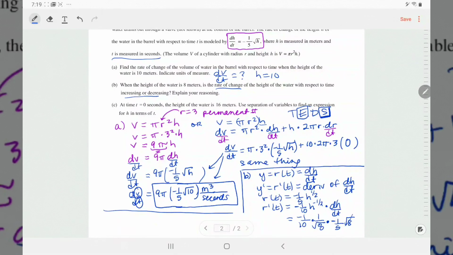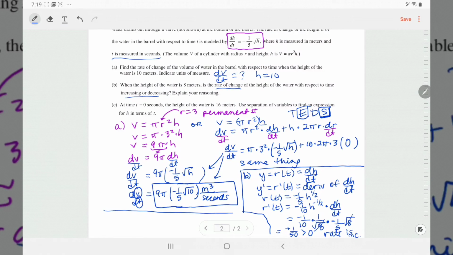Okay, so that's all. I thought I was going to do separation of variables. Oh, that's what part C says, so I've got to find a spot to do part C. It says do separation of variables to find h in terms of t. Let me erase my TEDS over here. Let me just write it at the top, translating all this information, just in case somebody's looking at my PDF solutions.